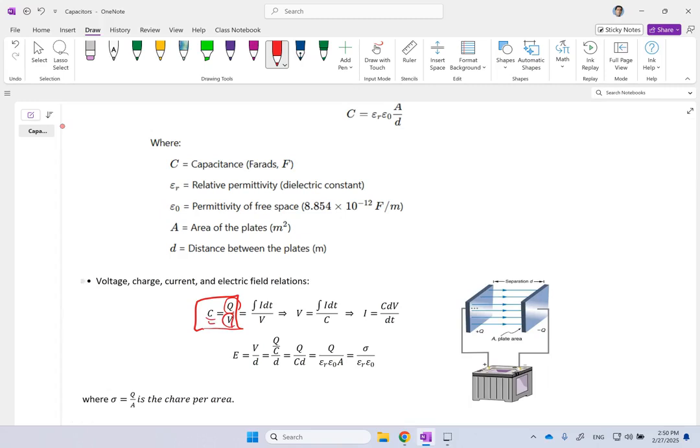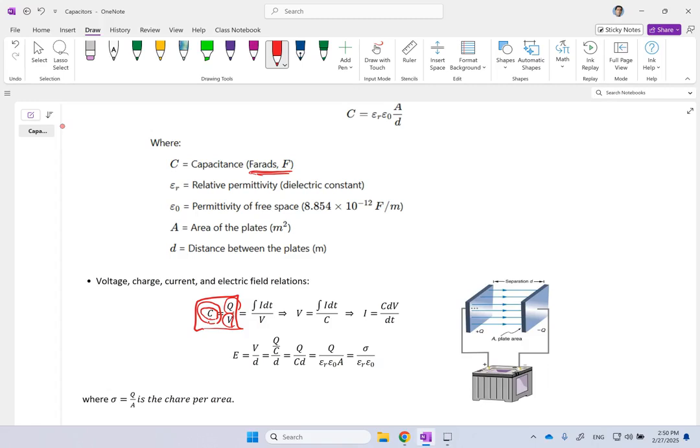The unit for the capacitance is called farads. So it is measured in farads, microfarads, nanofarads, picofarads. Okay? Now, this capacitance itself, this C, depends on the structure of the capacitor.